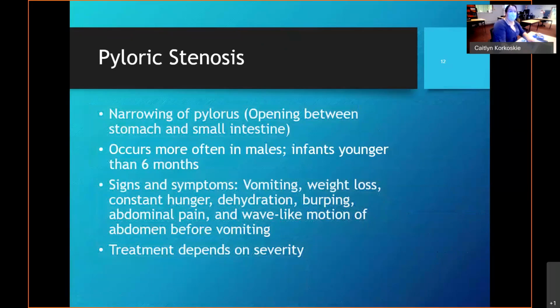So it could just be because when they're younger, at 6 months, certain areas are not fully developed still. So it might be something to do with that. Between the small intestines and the stomach. So, yes.